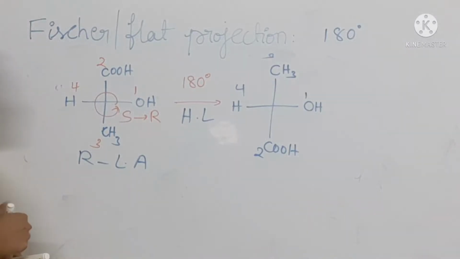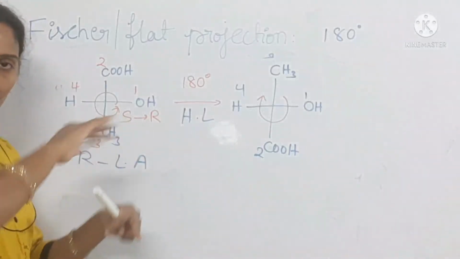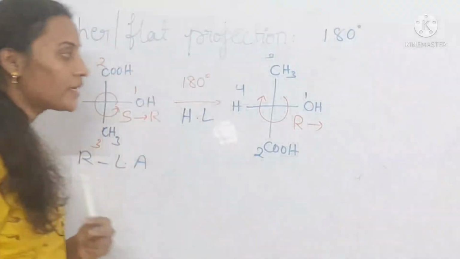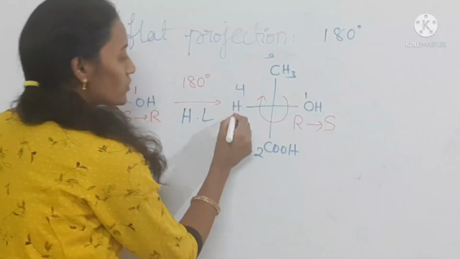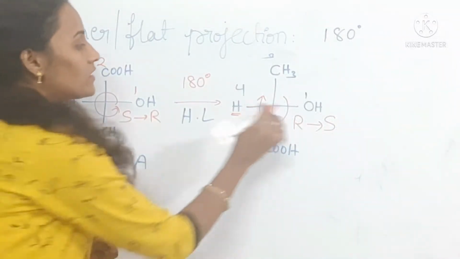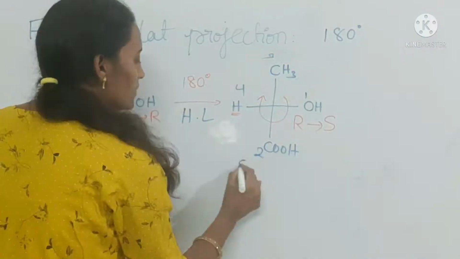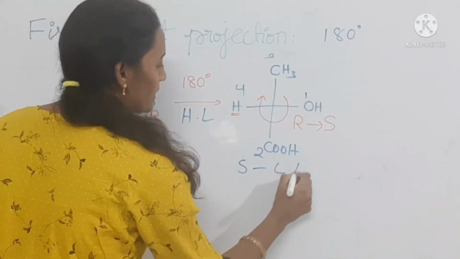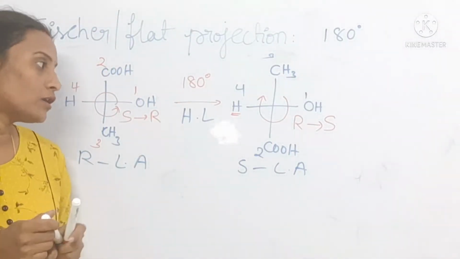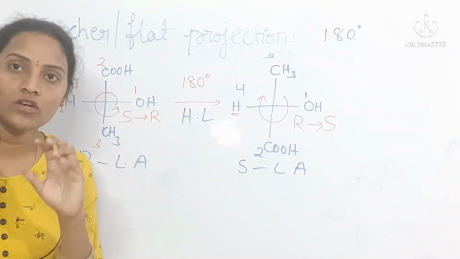So in which direction does the plane polarized light rotate? This is in the clockwise direction. That means this is R, but this R becomes S configuration. Why is it so? Because the least preferable one is on the horizontal line. That is the reason the configuration R becomes S. So this is which lactic acid? S lactic acid.